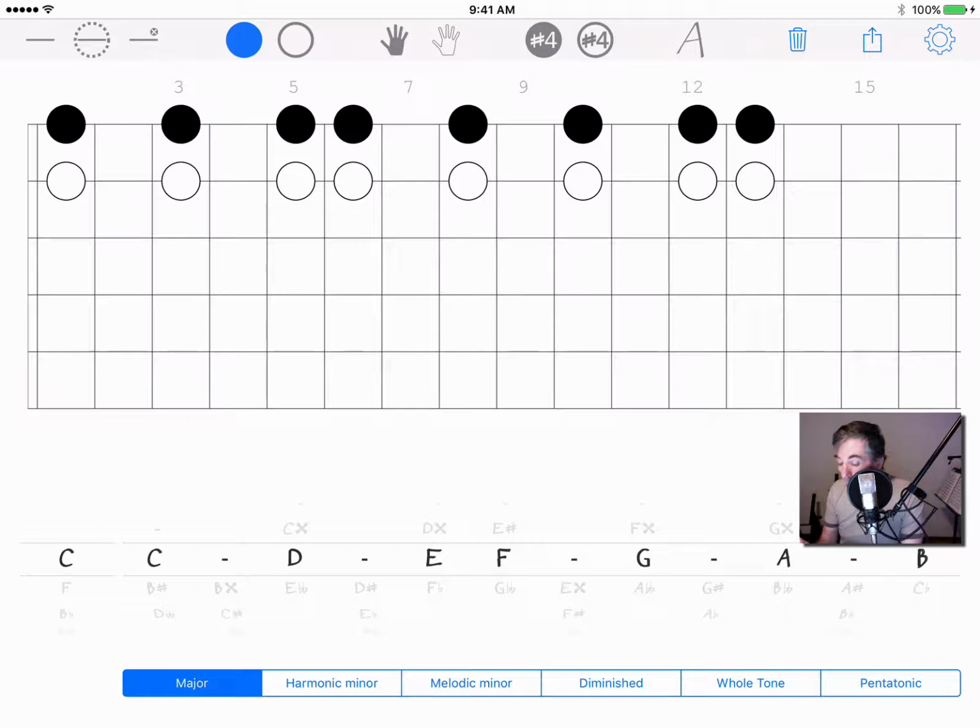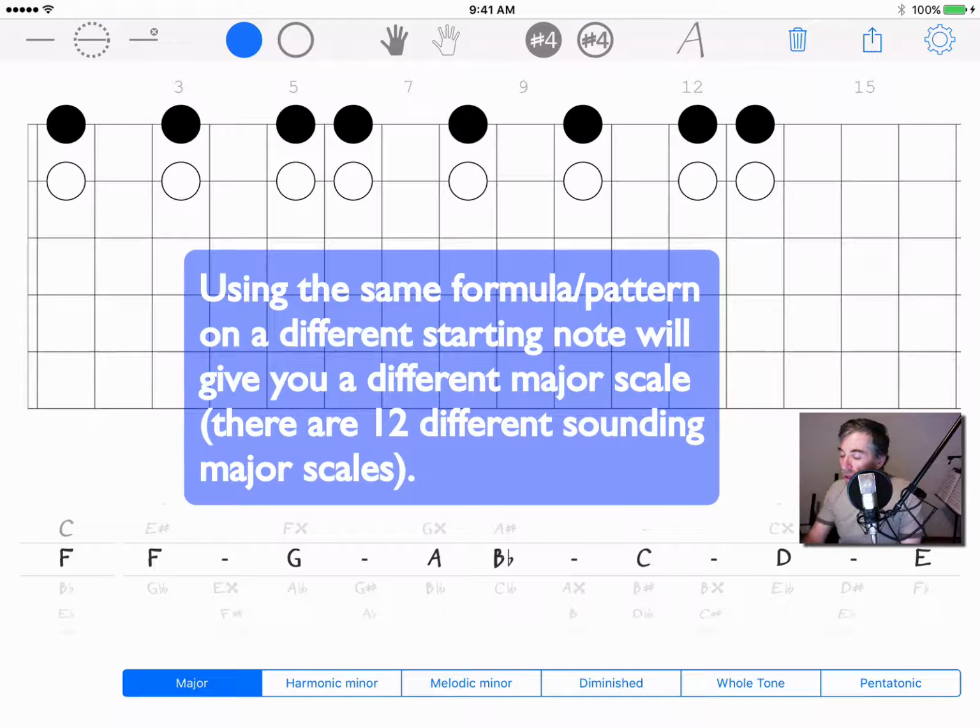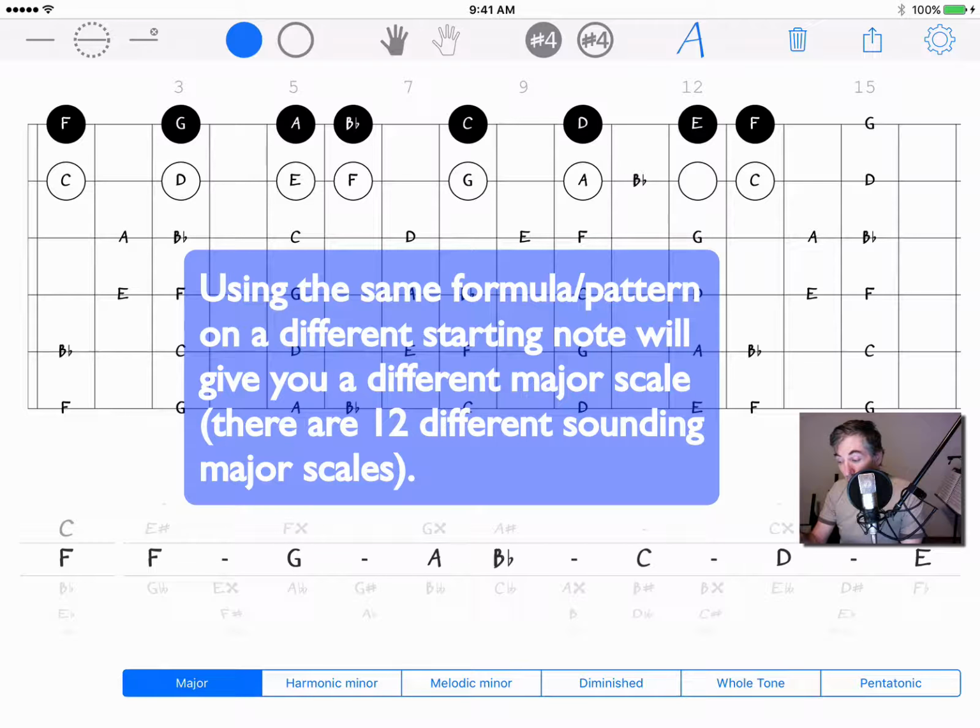Okay, so what do we do? Well, we alter the key signature for that. I know it gets a little technical when you say these things, but once I make the change, oh look, it's B flat now, right? Right there's that B flat. And if you look at the previous string, C, D, E, F, G, A, oh, B flat.